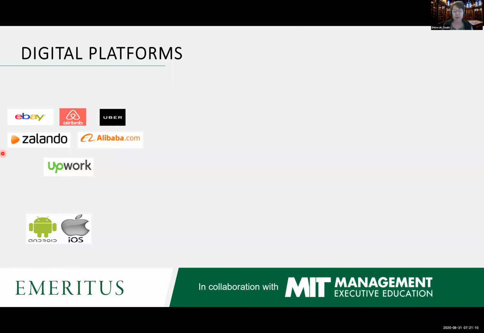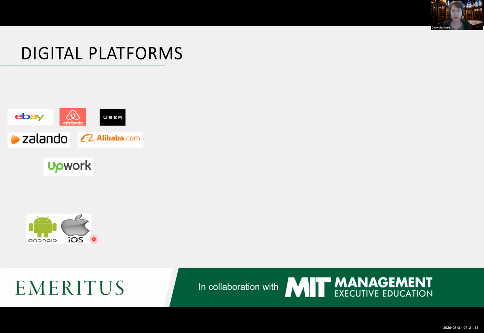That's one way of thinking about a platform, right? Another kind of platform is an operating system, where the operating system creates a space, a place, a platform where different parties can build on top and offer value to each other.